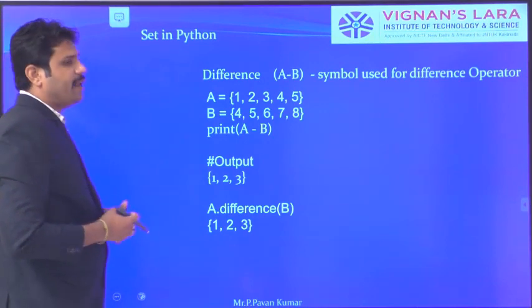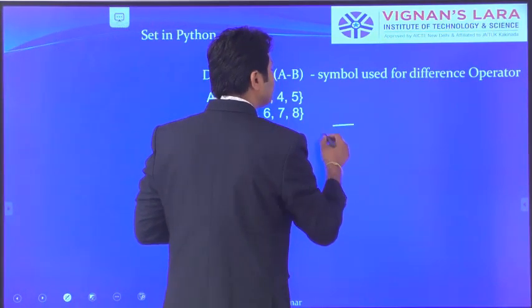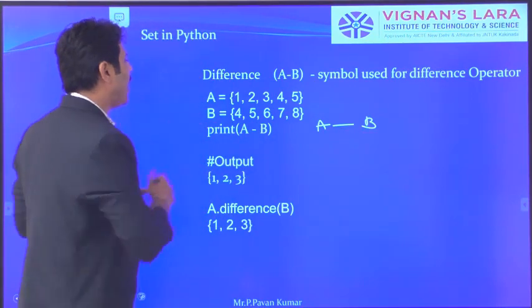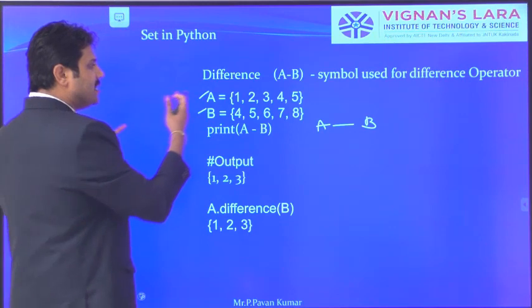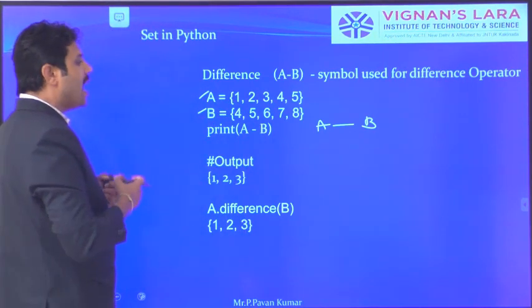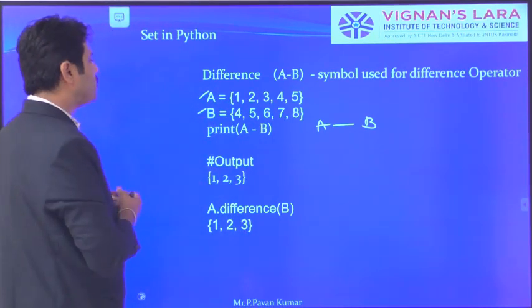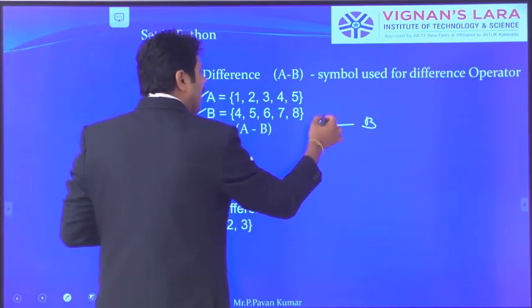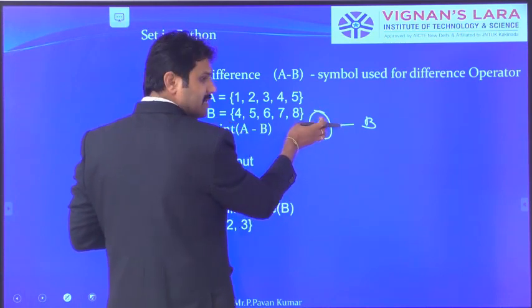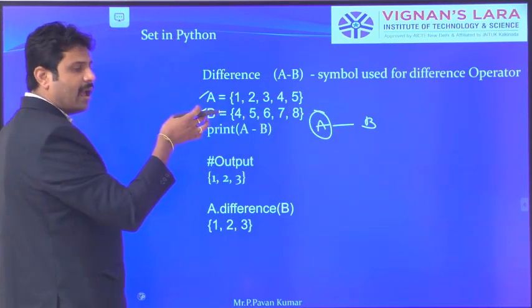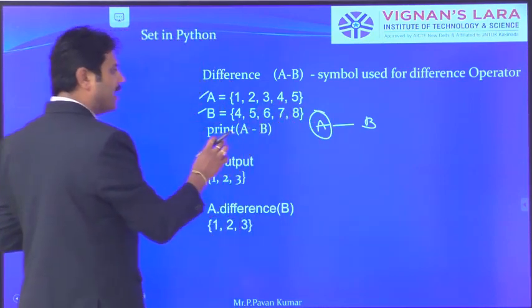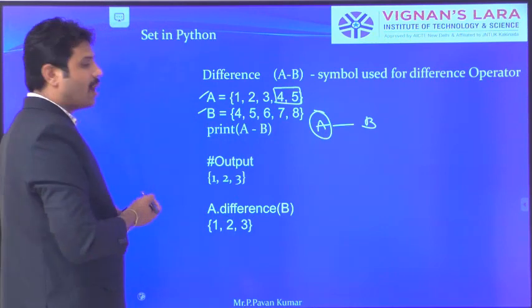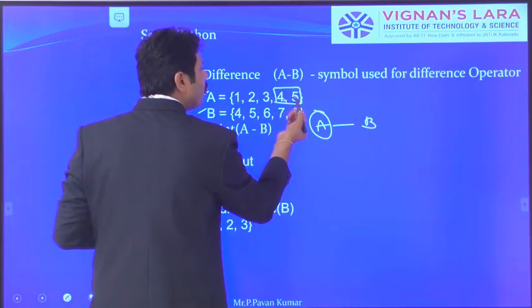Next, difference. The minus symbol is used to perform difference between two sets. Here I have set A and set B. Set A contains some elements, set B contains some elements. If I use the minus operation between these two, it removes from A the elements which are in B. Let us see, I have 1, 2, 3, 4, 5.